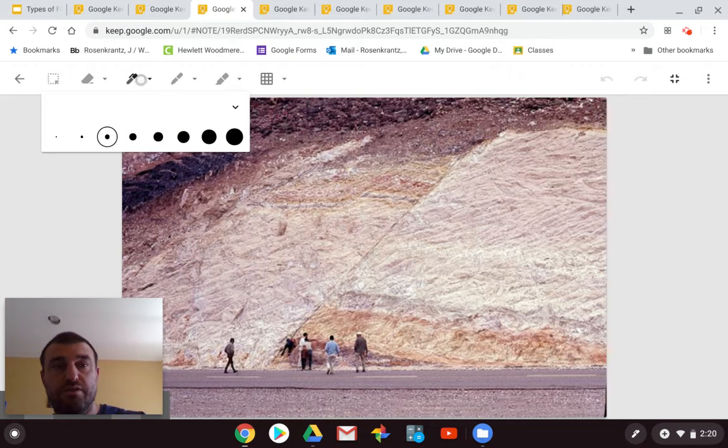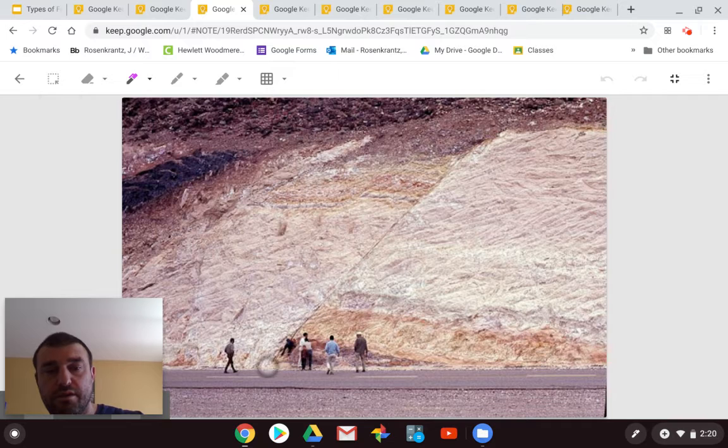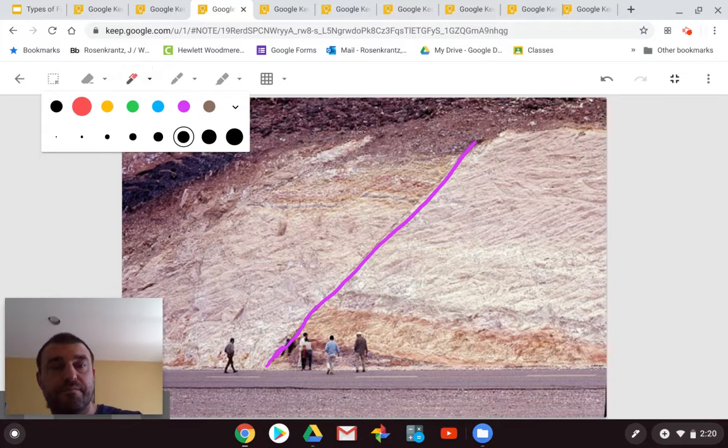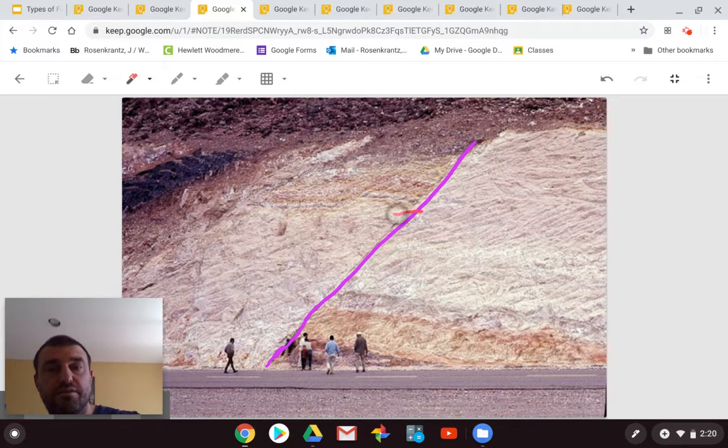So I'll use this purple again for my fault line. So here's my fault. You can kind of see that tan rock, kind of rust colored, reddish tan here, and then here.